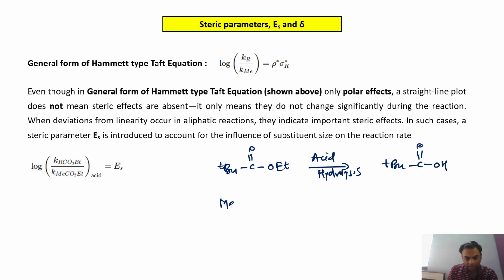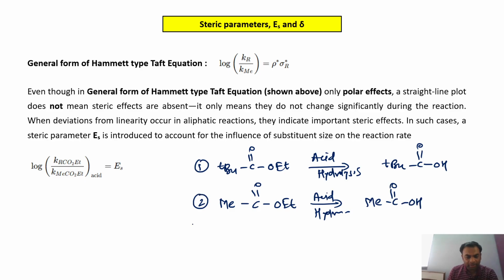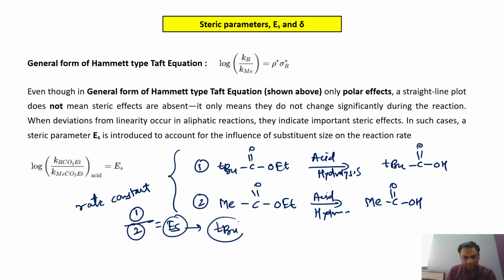If we compare the rate of reaction number 1 with reaction number 2, by taking the ratio of the rate constant of reaction number 1 to reaction number 2, we have the value of Es, the steric parameter, for the tertiary butyl group.